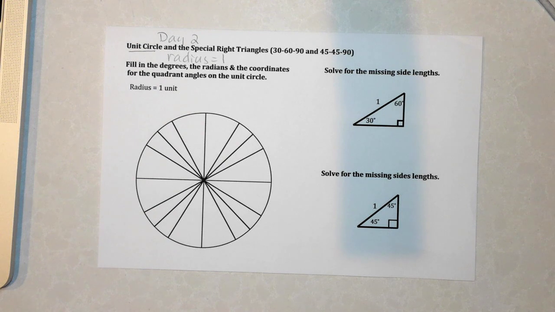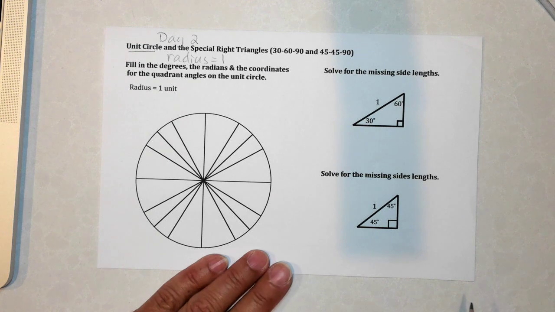And because we only did increments of 60s, 30s, and 45s, they tie back to those special triangles that you learned in geometry and then we relearned here in Algebra 2. And those are finally getting put into place with the unit circle, which will carry over into pre-calc and then ultimately in calculus. And so we're kind of starting to put some of those pieces together.